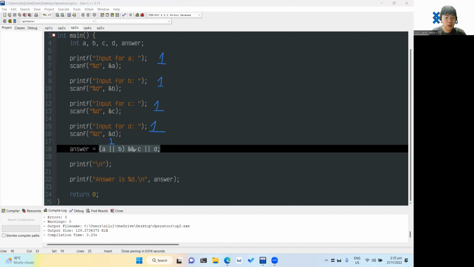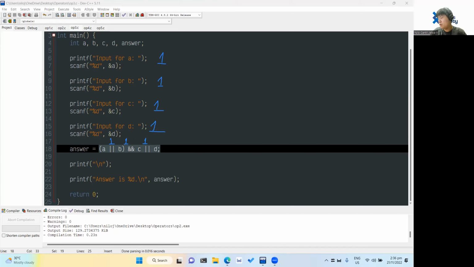So 1 and 1, that is 1. And then we have no more AND statements, so we go down to the lowest precedence, which is OR. So 1 or 1, the answer will be 1.